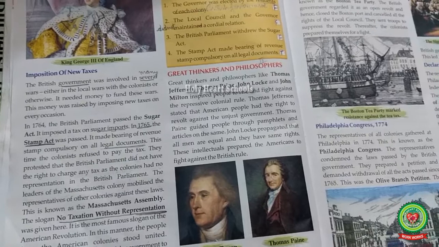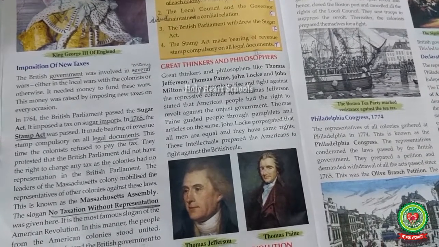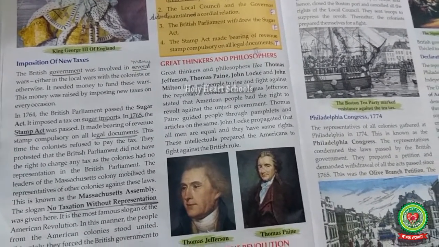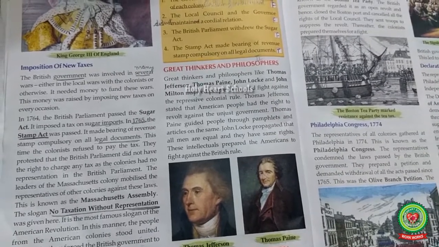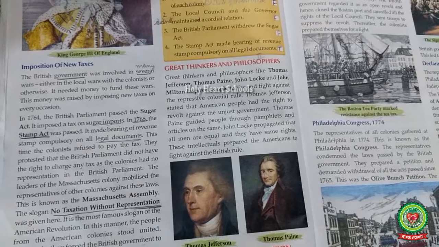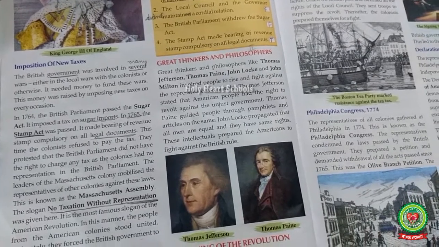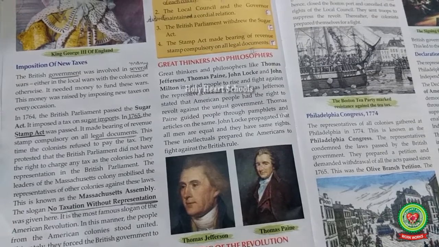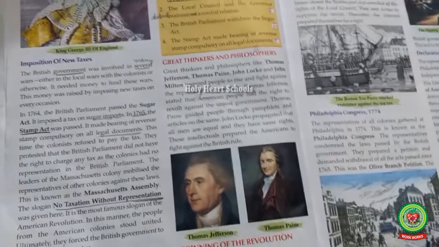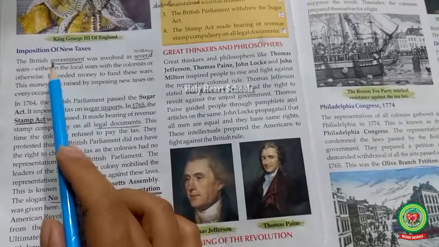Now, the main taxes which were imposed were, first one was Sugar Act, and the second one was Stamp Act. These two acts were passed by the British Parliament. Now let us begin with the reading.